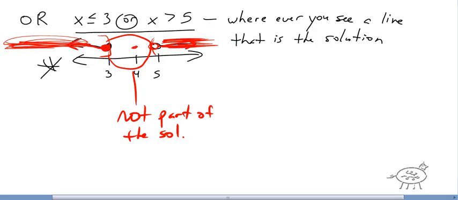so let's try another problem here, where you have to do a little bit of work. Alright, so if I have x plus 5 is greater than or equal to 12, or 2x minus 3 is less than or equal to negative 7.